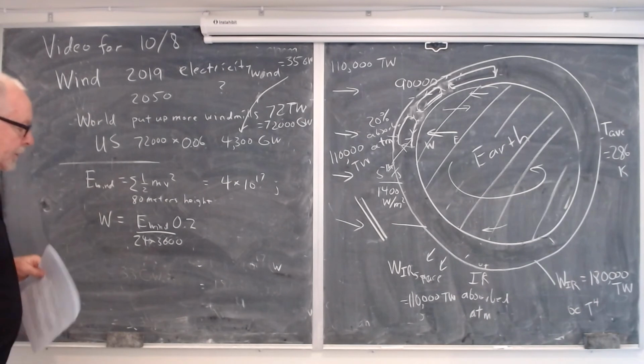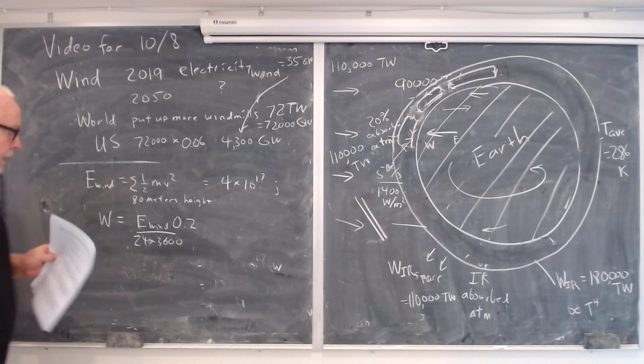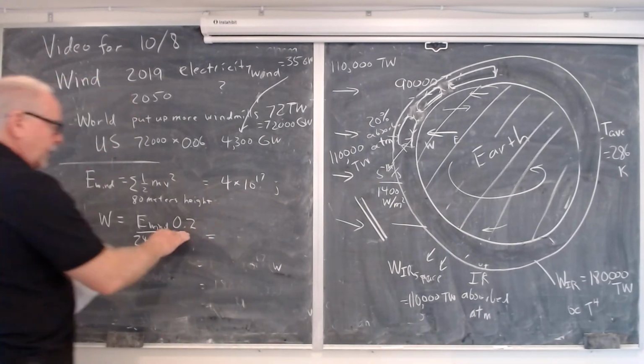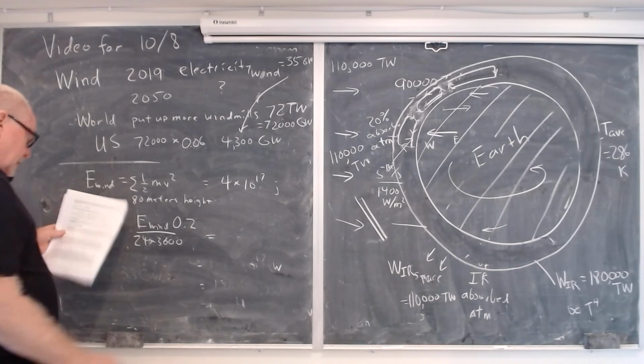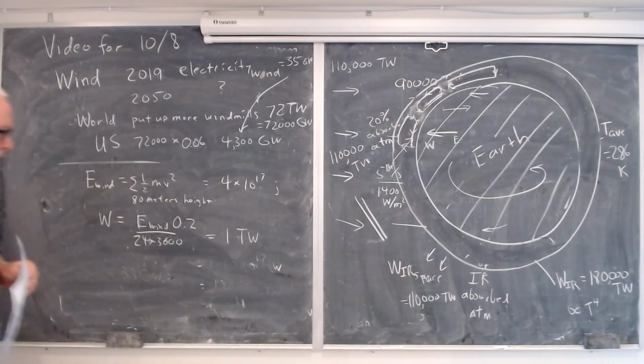So that's saying that on a continuous basis, I'm going to extract 20% of that energy. So every day I extract 20% of that energy, and that only gives me 1 terawatt. All right, so that's a lot lower.